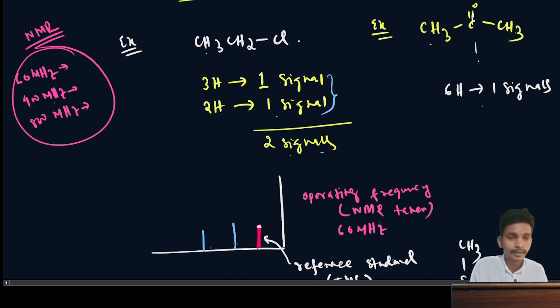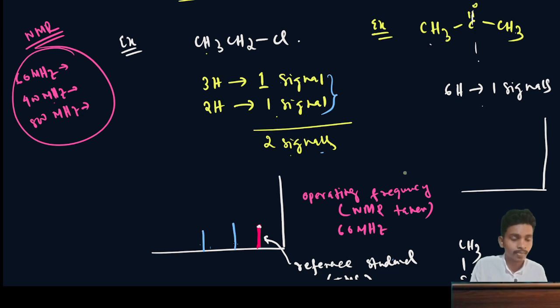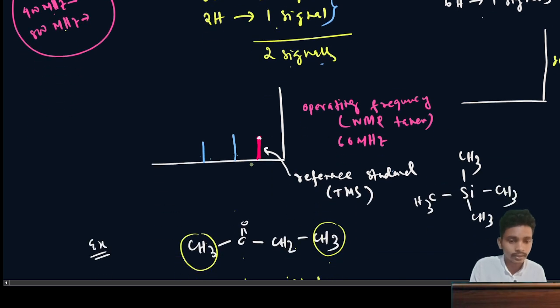Similarly for this case, whatever operating frequency NMR instrument you are taking, suppose you have taken an 1800 megahertz instrument. After that, here are the positions of the signals.